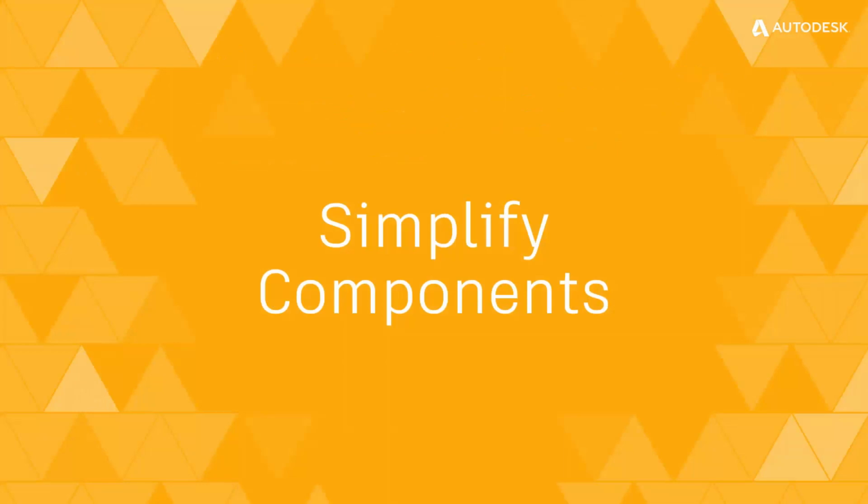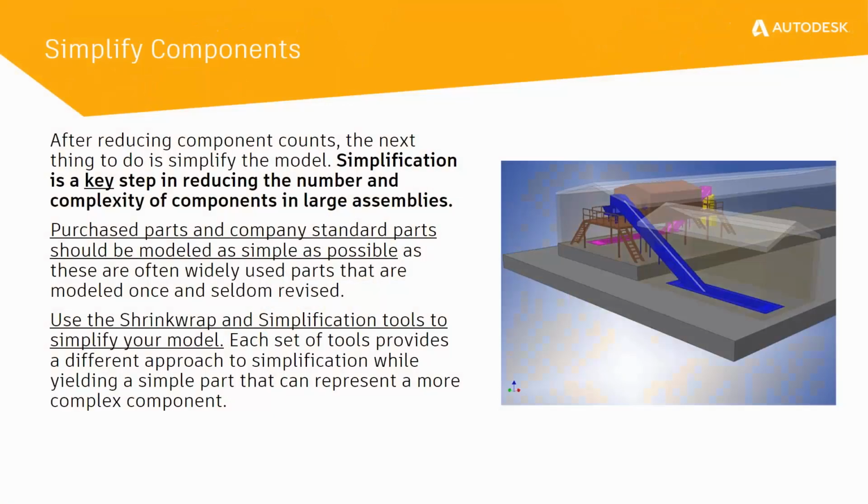Okay, so simplifying components is another way of improving your performance when working on large assemblies inside of Inventor. It's really a key part of the process in reducing the number and the complexity of components in large assemblies.